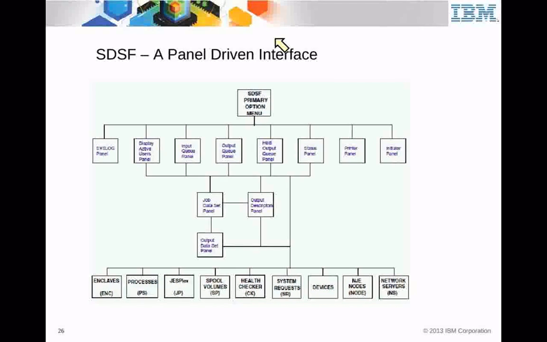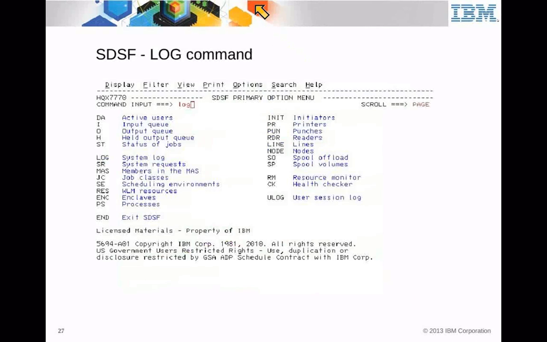I'm going to move forward. So if you're in SDSF, it'll say the SDSF primary option menu. Let's try one of the things you can do. You can type in log, L-O-G, and enter.